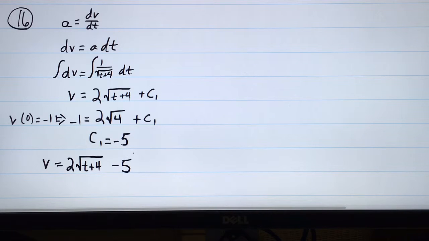And carrying over to what we have concerning distance. Again, so we have for v itself, again, we have 2 times the square root of t plus 4 minus 5.